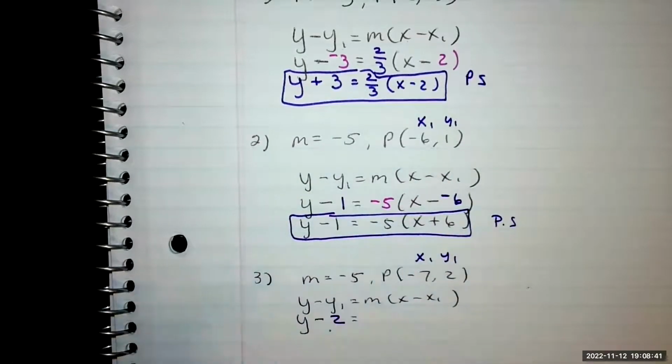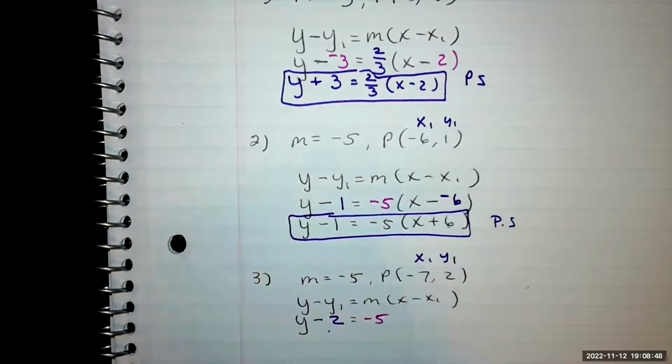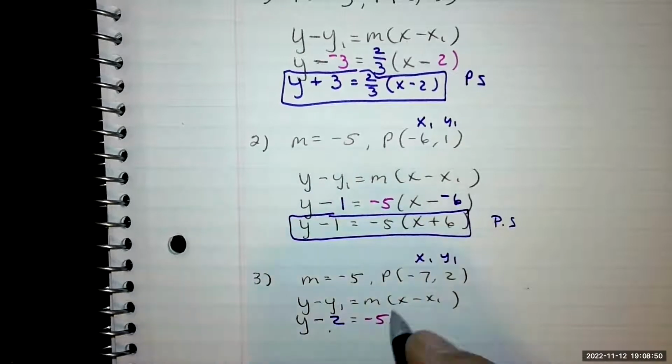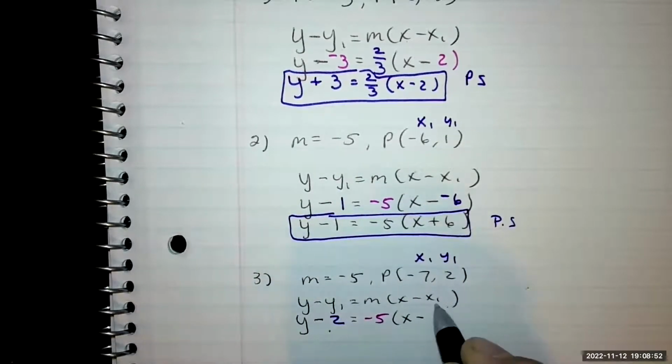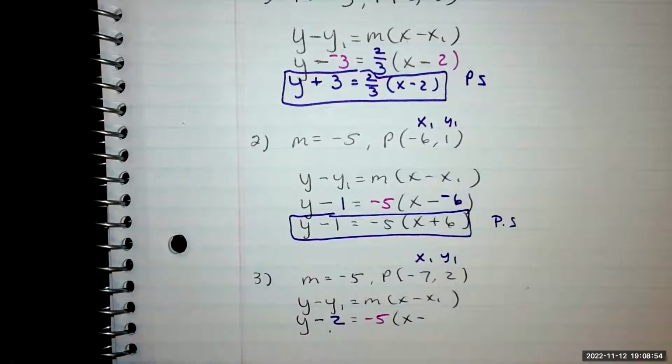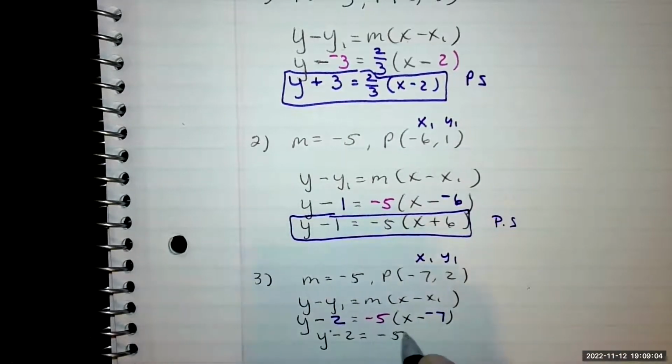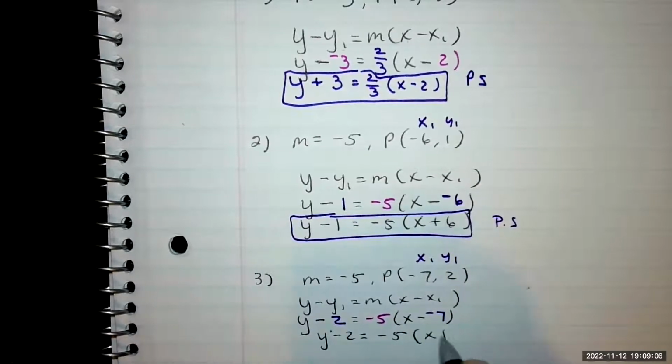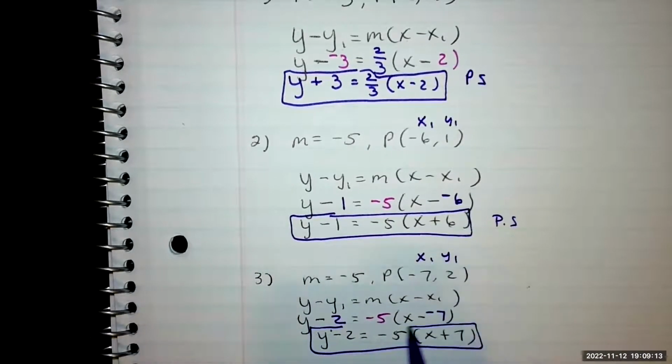My slope is going to be -5. And this is going to be x minus my x1 is another -7. So it's another negative, a double negative there. And so now we're just going to clean it up. So it's going to be y minus 2 equals -5. Two negatives make a positive, so it's going to be x plus 7. And so you can see that this right here is my answer in point slope.